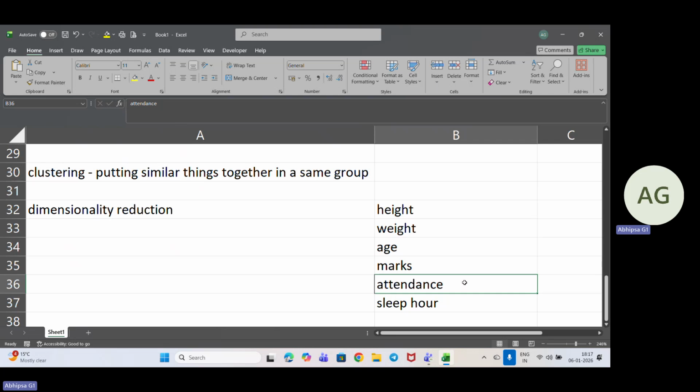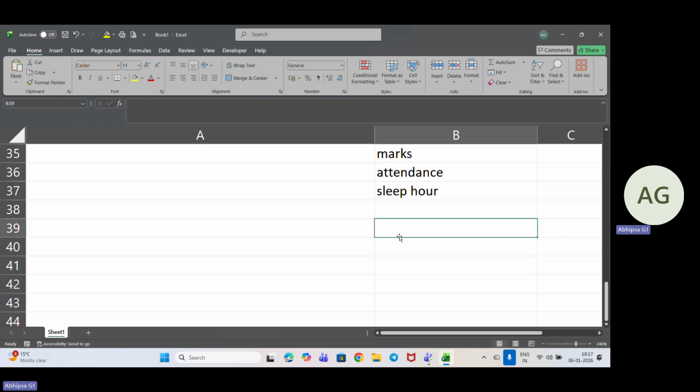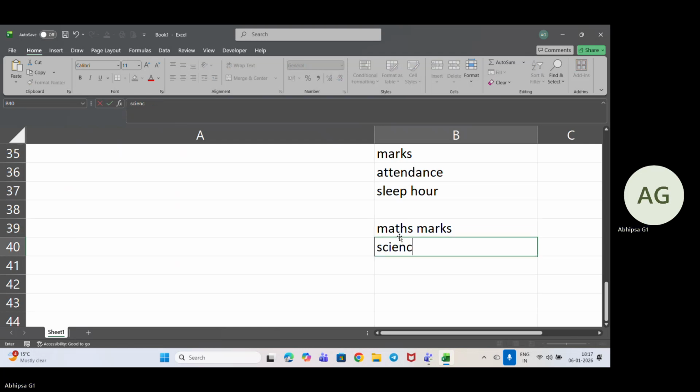Let's take an example of dimensionality reduction. Suppose for a student we have the maths marks, the science marks, and the English marks. Now, instead of three numbers, we use an overall performance score.